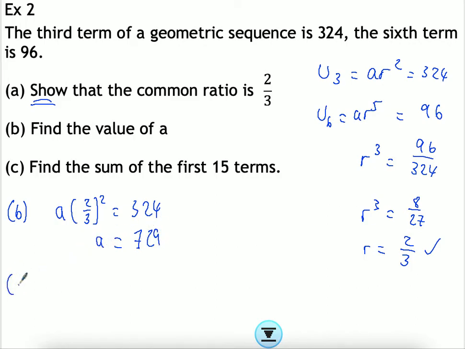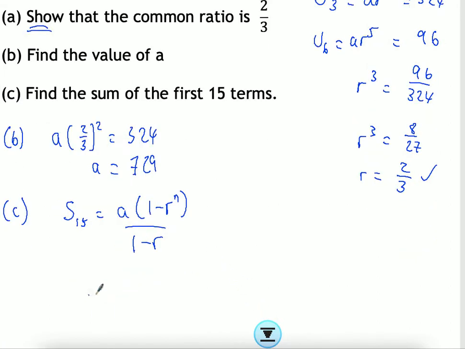And then find the sum of the first 15 terms. So S15 is A, 1 subtract r to the n, over 1 subtract r, which is what we just proved in the previous example. We've got A, we've got r, we've got n. So it's a case of just plugging these things in. So 729, 1 subtract 2/3 to the power of 15, over 1 subtract 2/3.